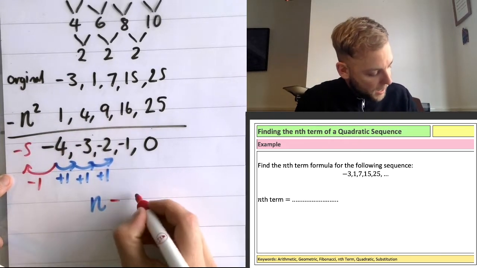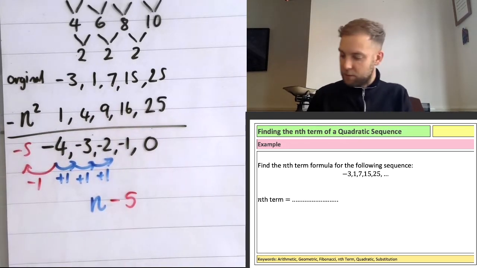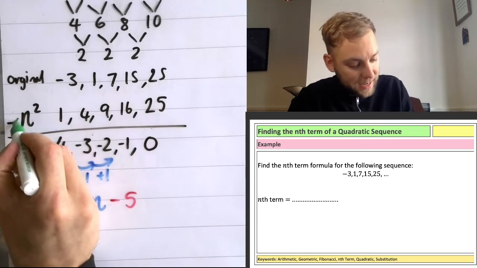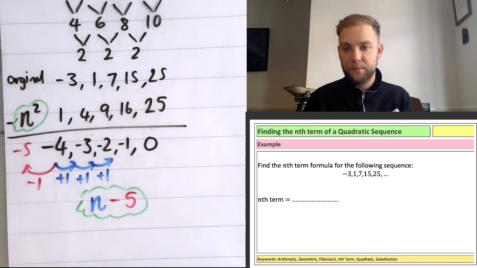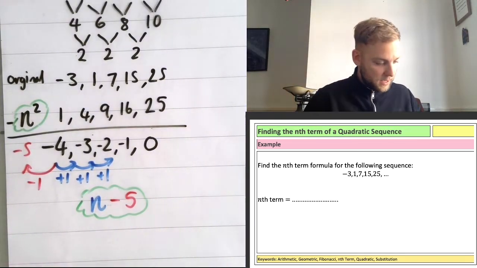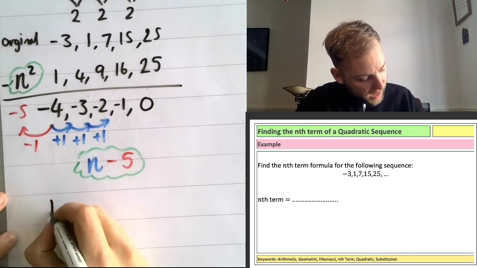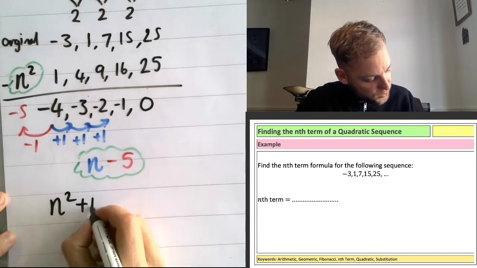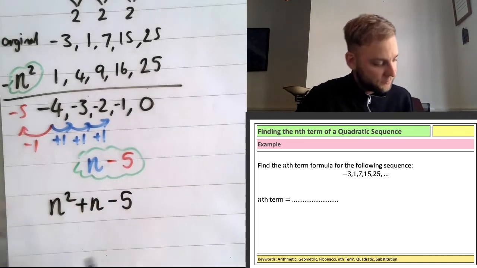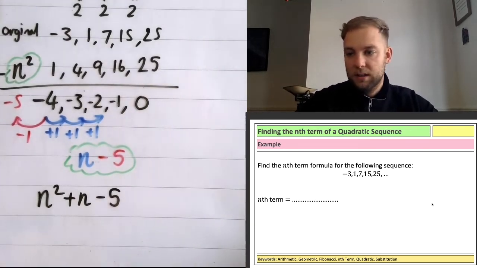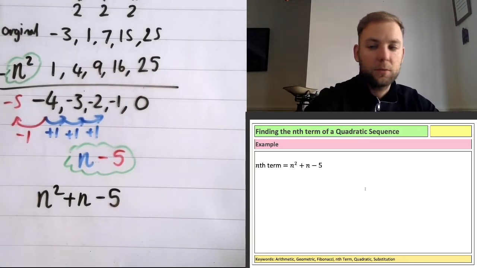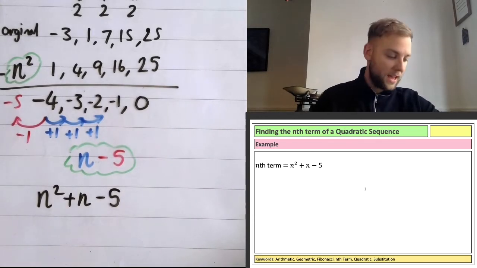So it's n minus 5. Remember, I need to bring my quadratic and my linear part together, so that's n squared plus n minus 5. Super. Let's check that answer, make sure I'm right. N squared plus n minus 5.